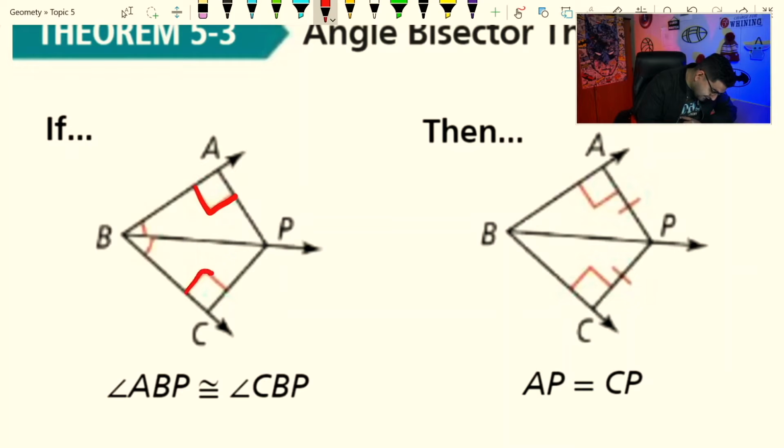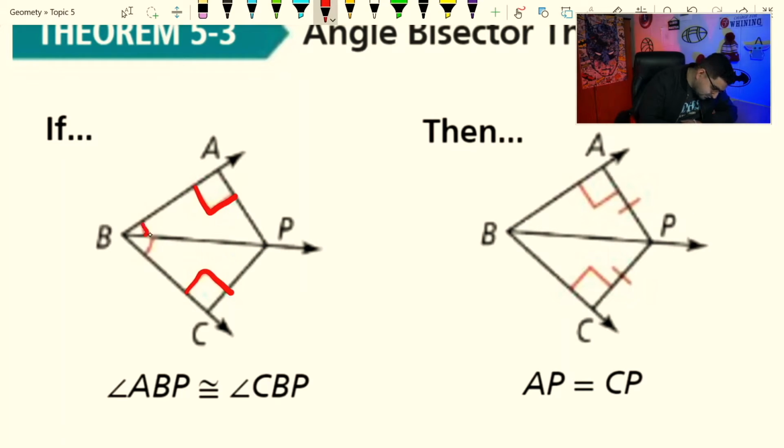And what the angle bisector theorem states, and it's called the angle bisector theorem because it involves one angle that was cut in half. We're talking about this angle right here. Angle B was cut in half by this ray BP, which is why it's called the angle bisector theorem.